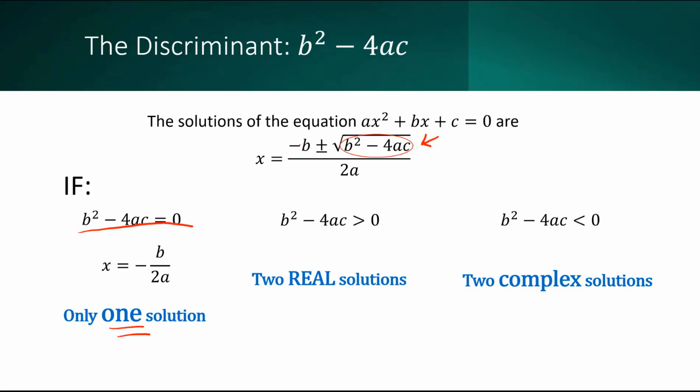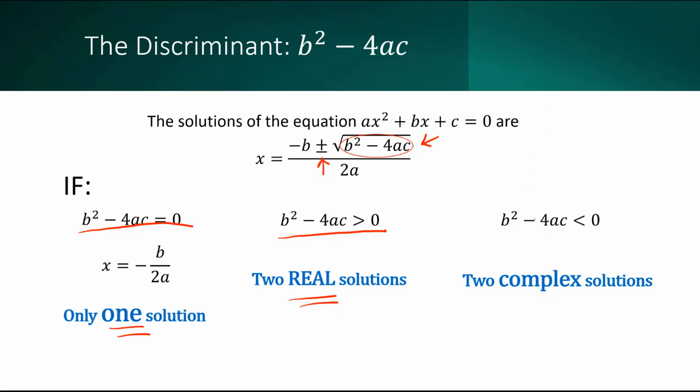If the discriminant is positive, b squared minus 4ac is greater than 0, and you're trying to figure out how many solutions a quadratic equation has, and it comes out to be a positive number, then there will be 2 real solutions, because the number under the radical is positive, and that is a real number. So you'd have 2 real solutions, because you'd have negative b over 2a plus or minus that number over 2a, and that would be a real number.